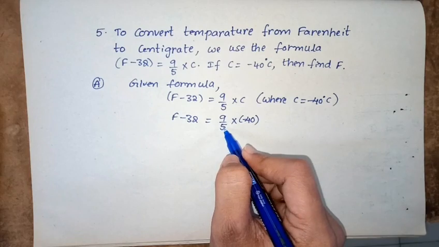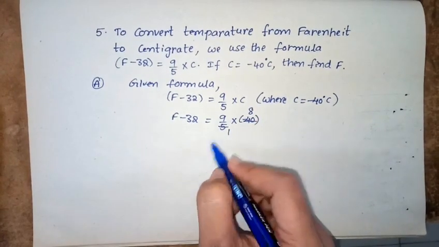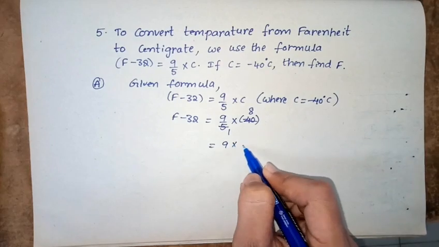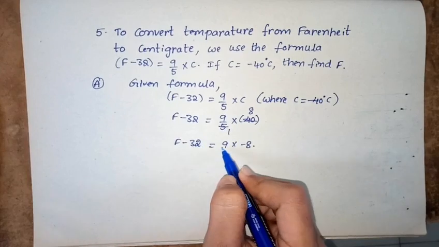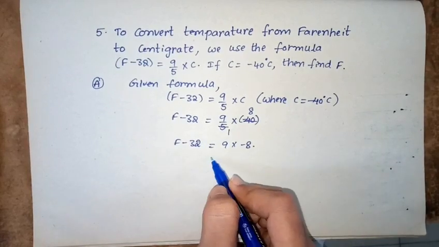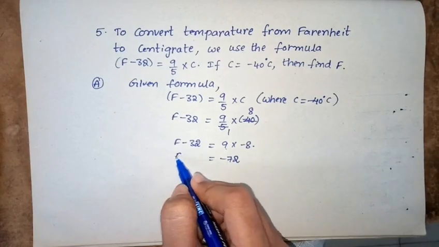Denominator 5: 5 ones are 5, 5 eights are 40. So that is equal to 9 into minus 8. So F minus 32 is equal to 9 into minus 8. 9 into minus 8 becomes minus 72. So F minus 32.